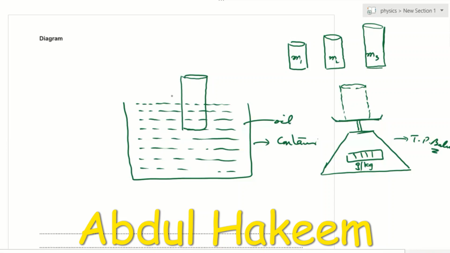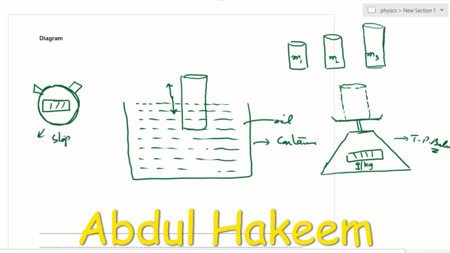When it is displaced, it oscillates up and down. To measure the time period, we have to record the time for several vertical oscillations. So suppose this is the stopwatch, and we will label it stopwatch.